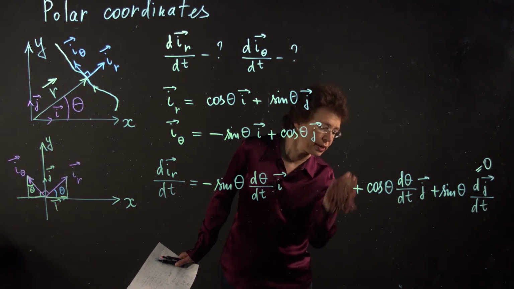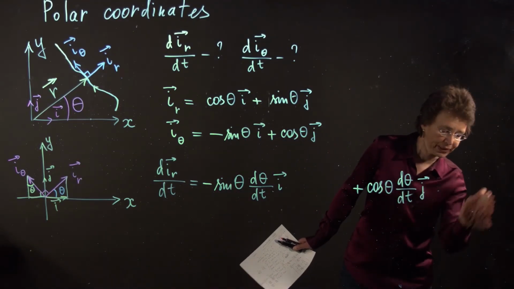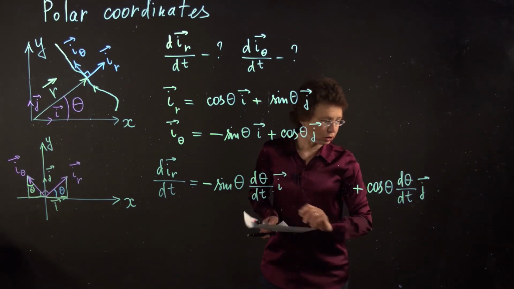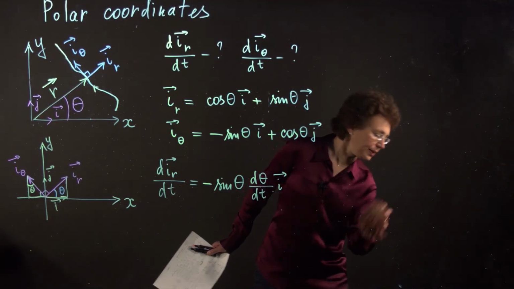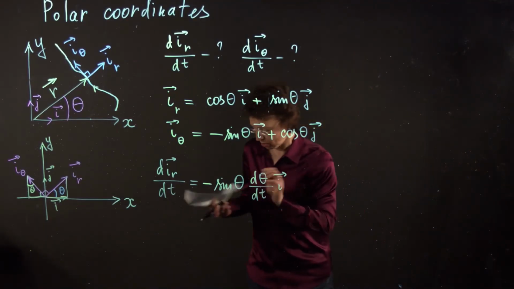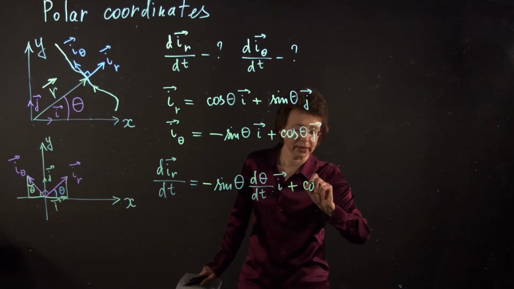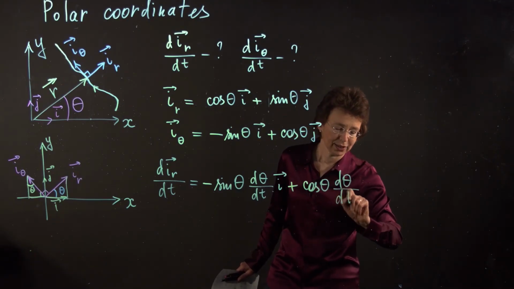So this will be minus sine theta d theta/dt i, plus cosine theta d theta/dt j.